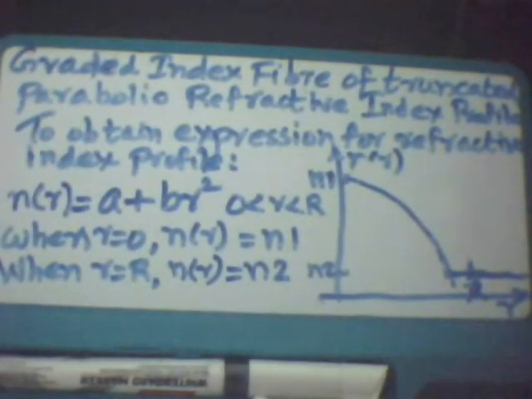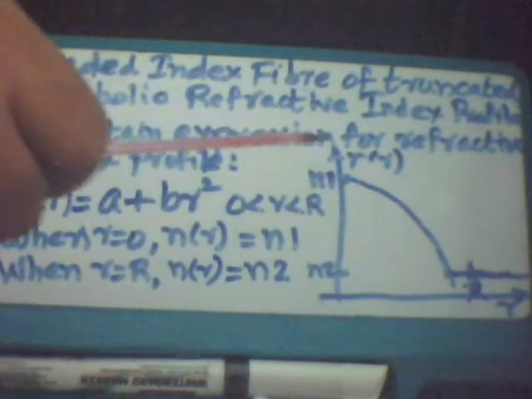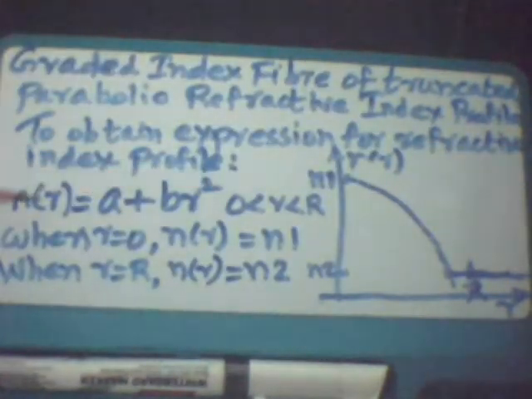So between the axis of the core and the edge of the core, the refractive index varies as a parabolic profile, that is a truncated parabola. So we will try to arrive at an expression for the refractive index profile n of r.